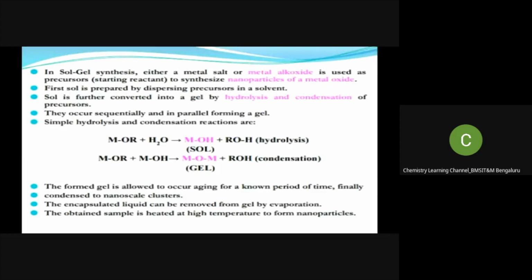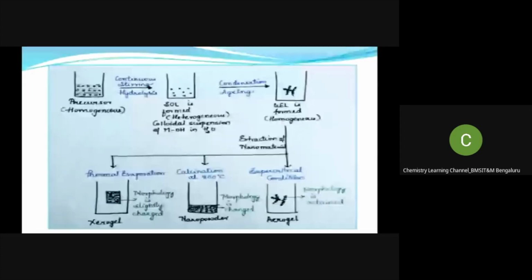Detailed schematic representation is shown here. Here the precursor, that is the metal alkoxide, and the solvent, the alcohol, are mixed and form a homogeneous solution. After continuous stirring, when water is added to the homogeneous solution of metal alkoxide and alcohol, hydrolysis occurs and sol is formed.